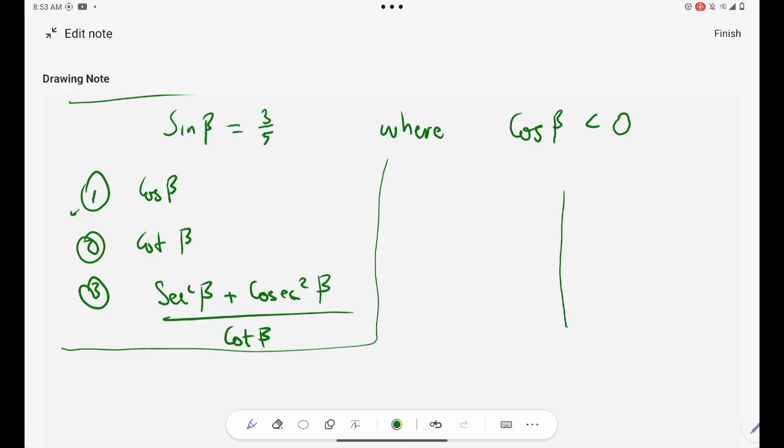Okay, for this one, I'm given that sine theta is equal to a positive number, right? I know that sine theta is positive in the first and second quadrant, but I'm told that this can only happen where cos is negative. I know that cos is negative in the second quadrant and the third quadrant.